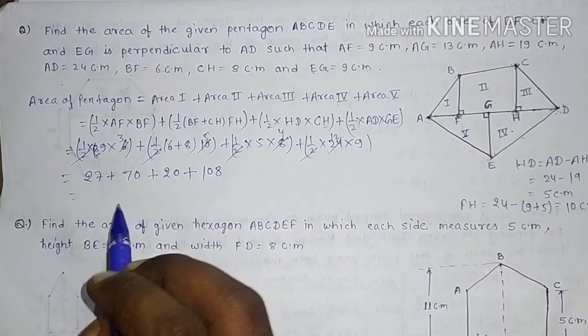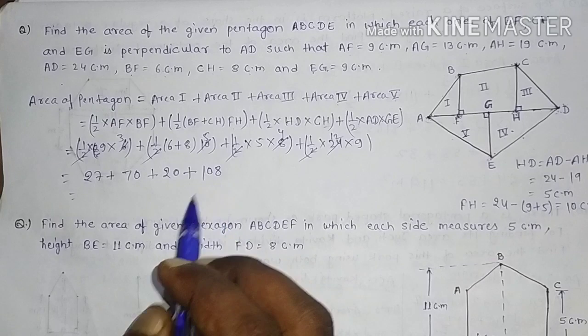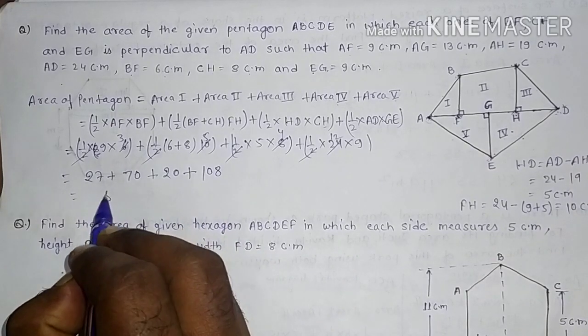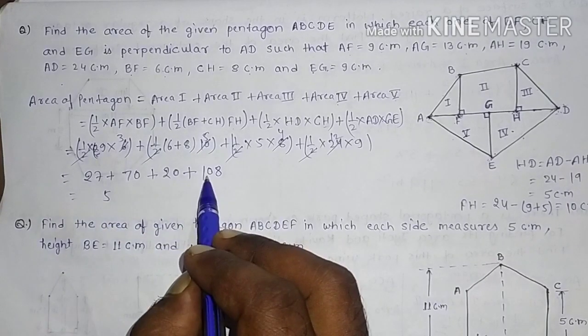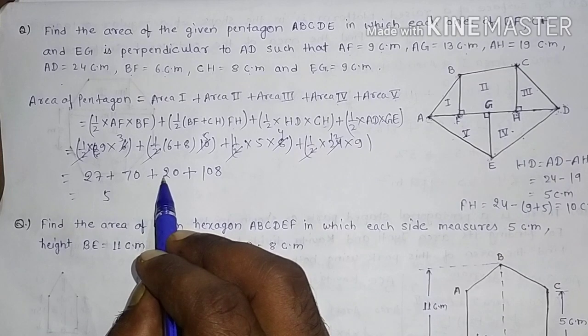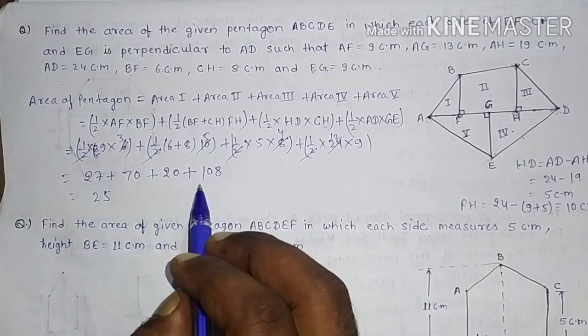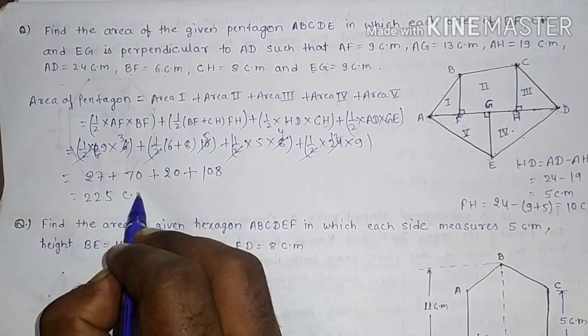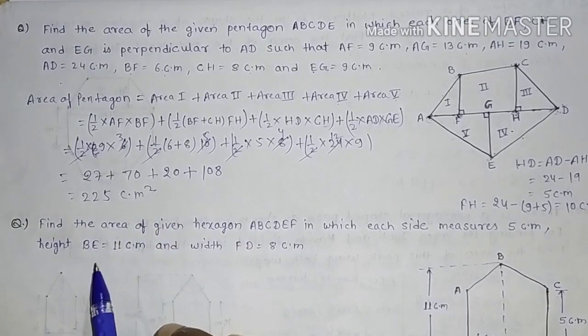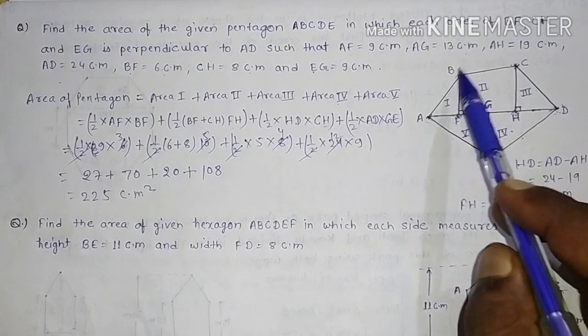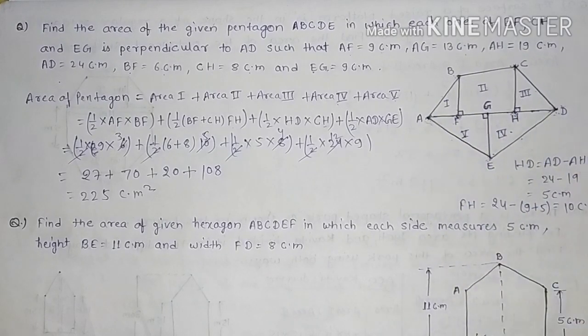Now just add this. So 7 plus 8, that is 15, 5 carry 1, 3, 10, 12, 2 carry 1, that is 2. 2 to 5 centimeter square. Now this is the area of the total pentagon A, B, C, D, E, A.